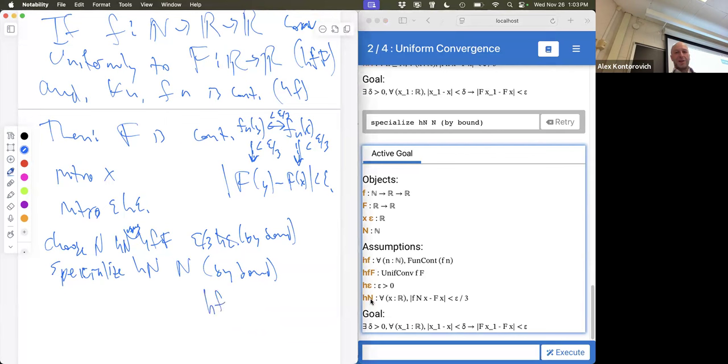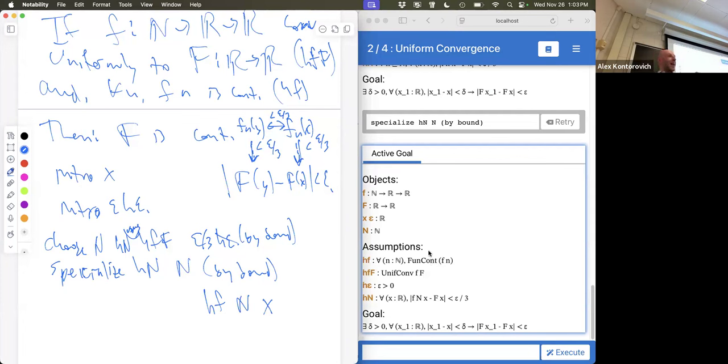When we stick in, HF says for all n, Fn is continuous. So we're going to use capital N. The fact that it's continuous everywhere is nice, but we don't want it everywhere. We want it with specificity epsilon over 3. But which point on the real line do we want to apply this to? X. So we have to give it x first, because it's continuous everywhere. So where do we care about its continuity?